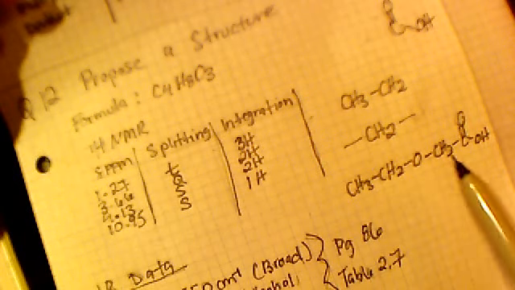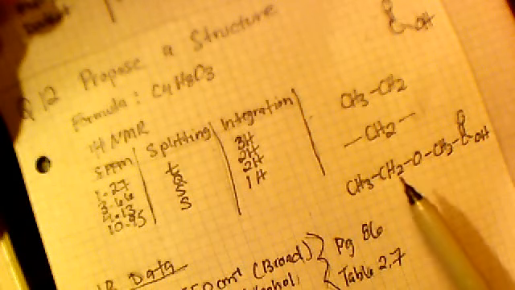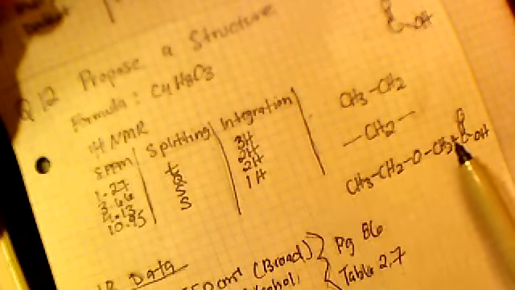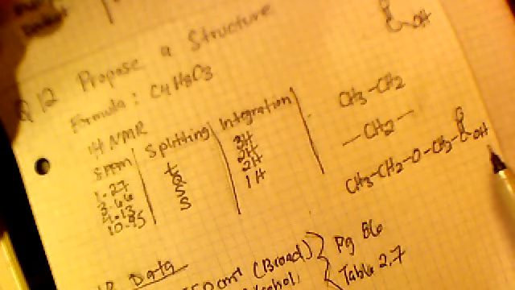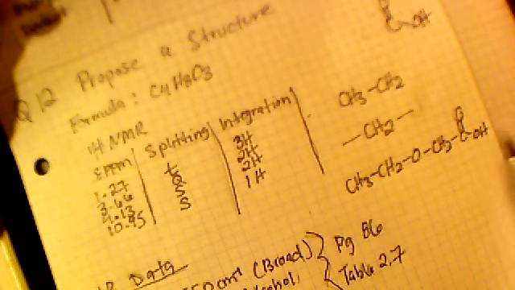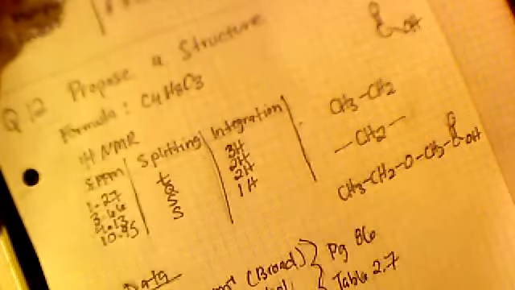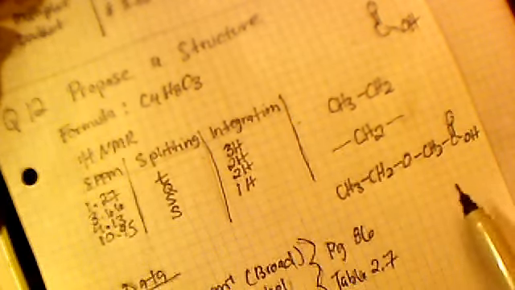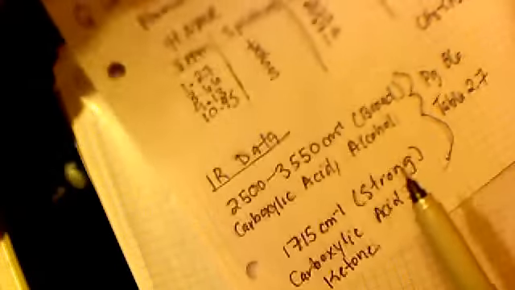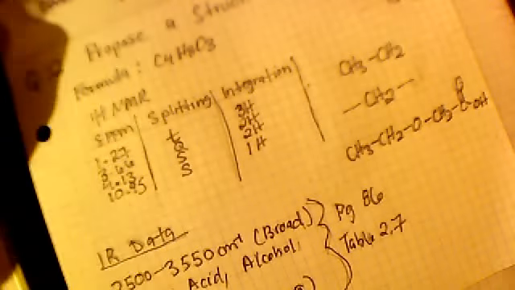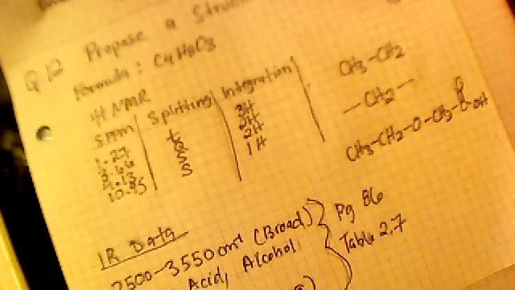The singlet is not near any heterotopic hydrogens. And then, of course, here's the single H by itself over here. So even though an ether wasn't really expressed by the IR data, you just had to think your way through it and find it.